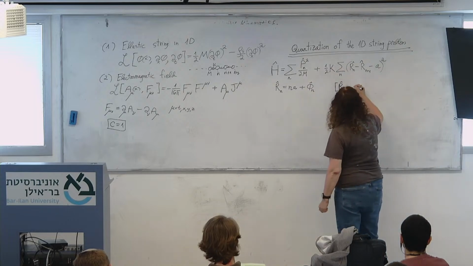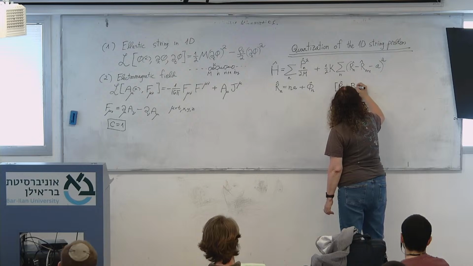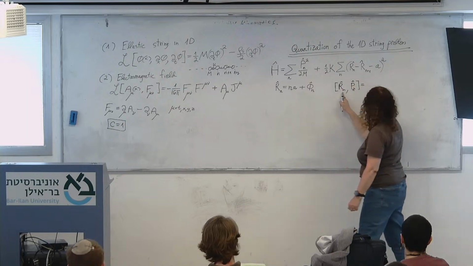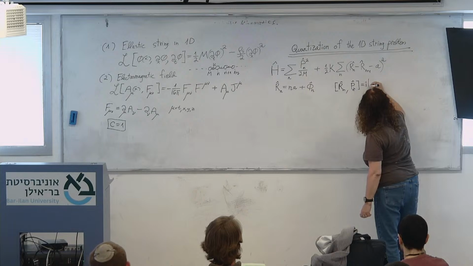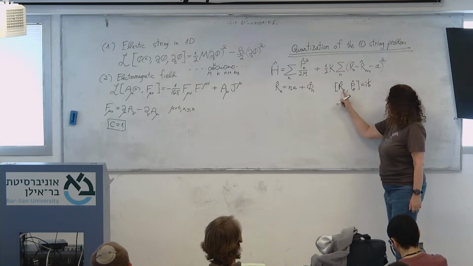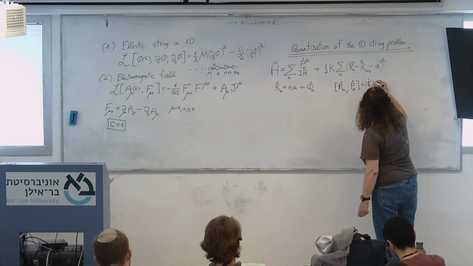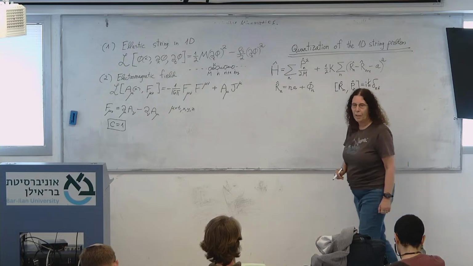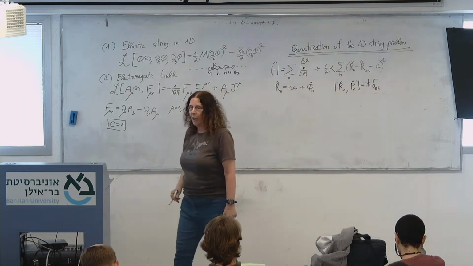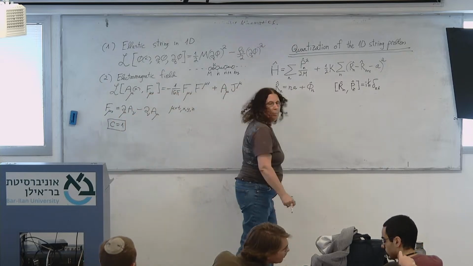But we are in 1D, so it's simple. So these are the commutators. If n equals n prime, we get i h bar. If n is different from n prime, I get 0. So to write it compactly, I just have a Kronecker delta of n and n prime. Okay, very good.